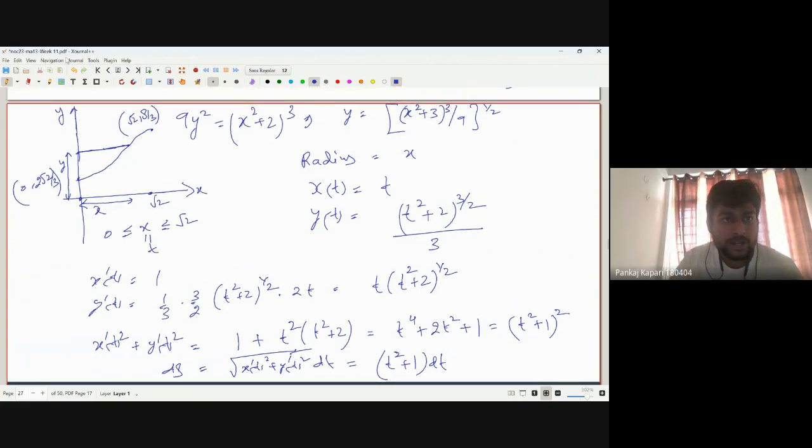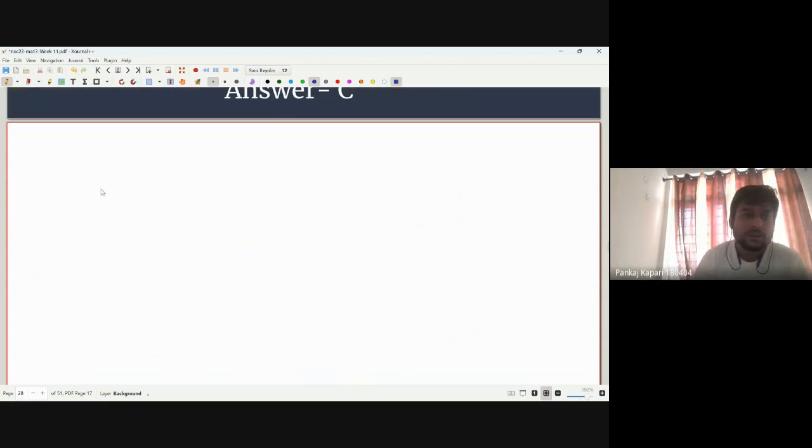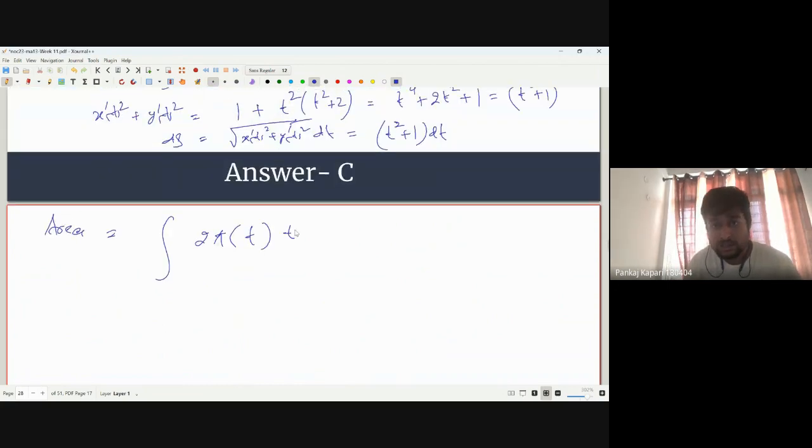Now we can find the area of the surface of revolution. The area will be equal to the integral of 2 pi times the radius, which is x, but x is equal to t, times the arc length (t square plus 1) dt, and t varies between 0 and root 2.